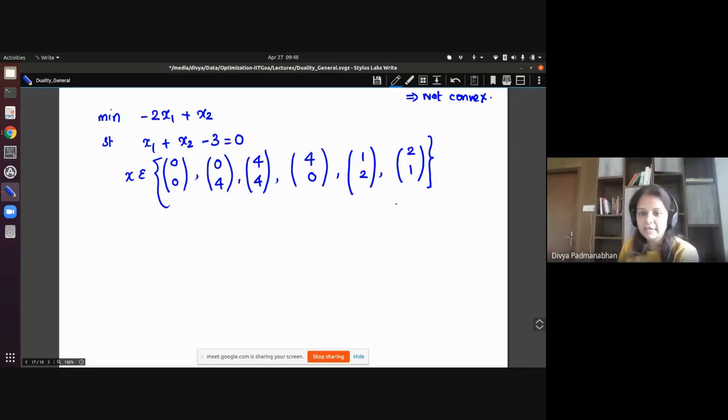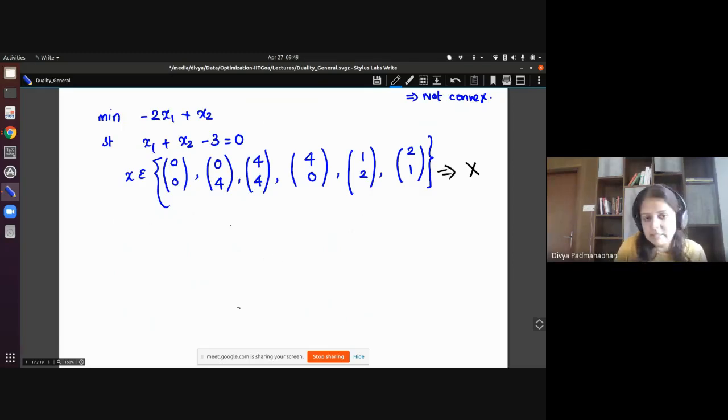It's not only for continuous programs. So in this case, you see that it's an integer optimization problem, but here also you can write the dual. Okay, so let's just take this example. So here, one thing is it's not a convex optimization problem, okay, because you have these integer constraints. And let's just try to write the dual for this one.